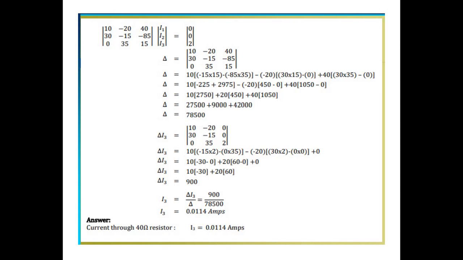Here del I3 divided by del is equal to 0.0114 amps. Here the current flowing through the 40 ohm resistor, I3, is equal to 0.0114 amps.